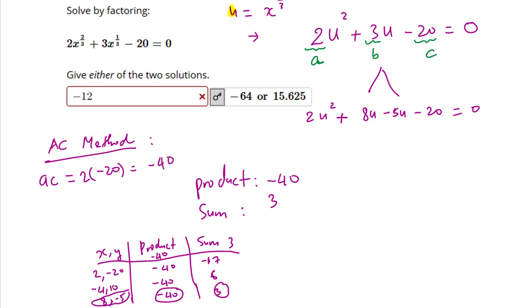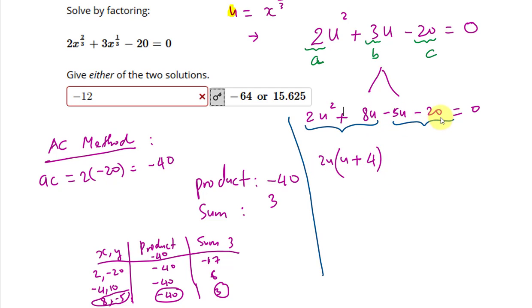At this step, I'm going to factor by grouping. I group the first two terms and the last two terms together. Between the first two terms, I can factor out 2u. I factor out 2u, I have u left, and 4, because 4 times 2u gives me 8u.